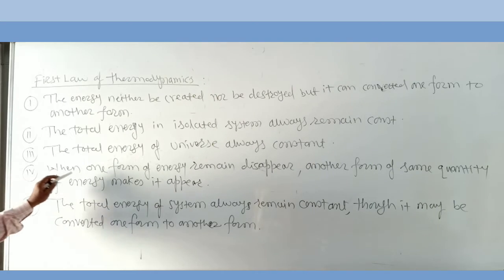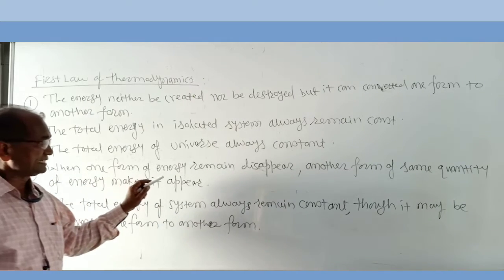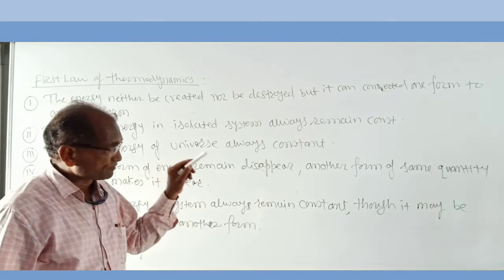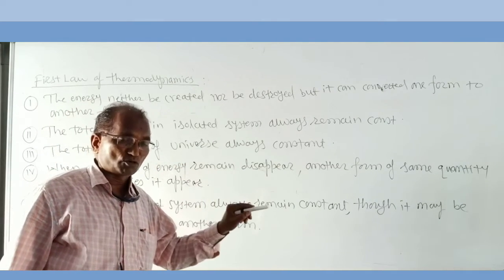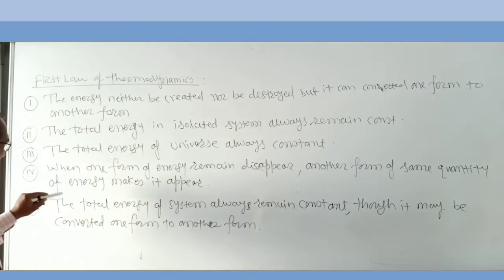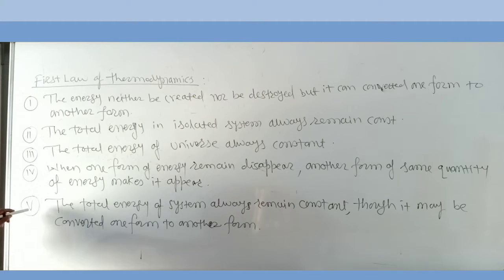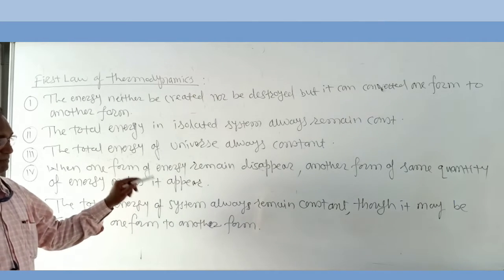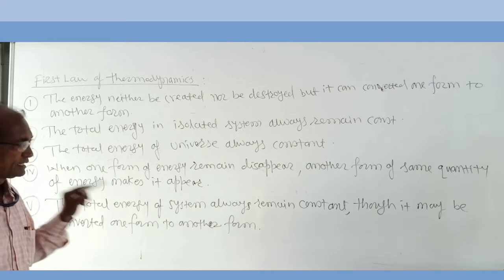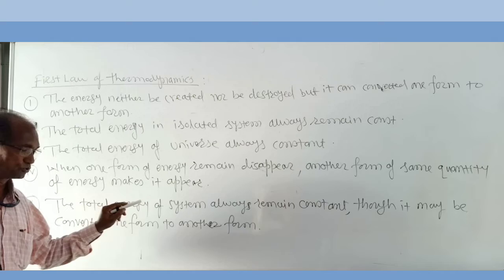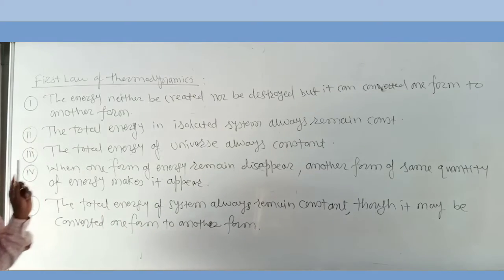Fourth, when one form of energy disappears, another form of equal or the same quantity of energy makes it appear. Fifth, the total energy of a system always remains constant, though it may be converted from one form to another form.